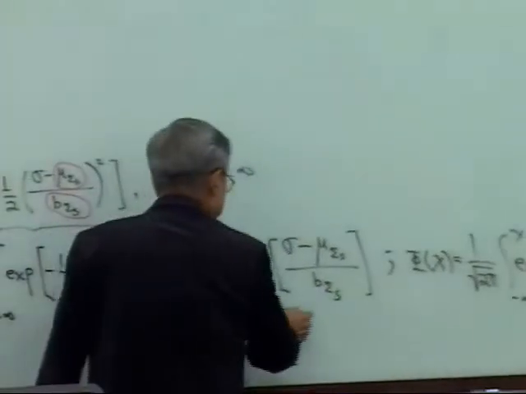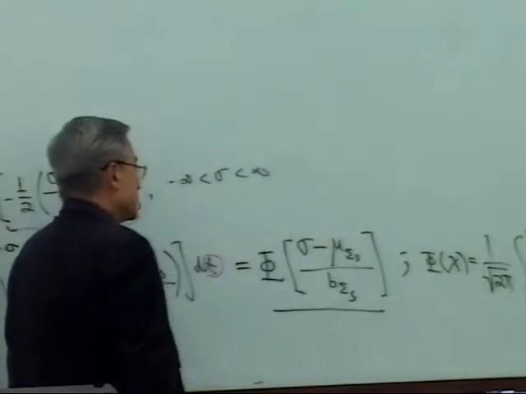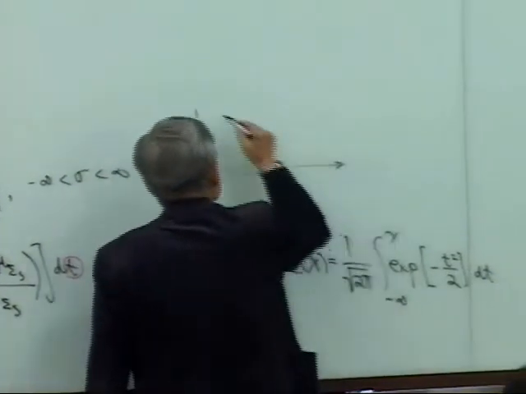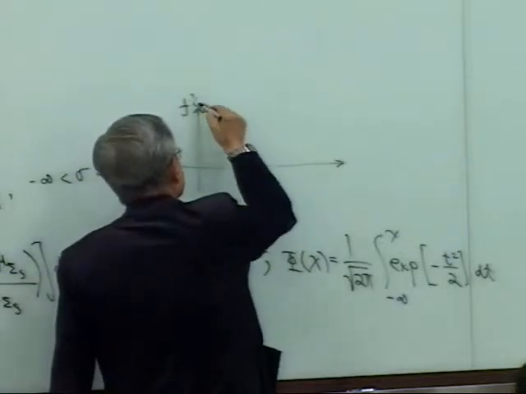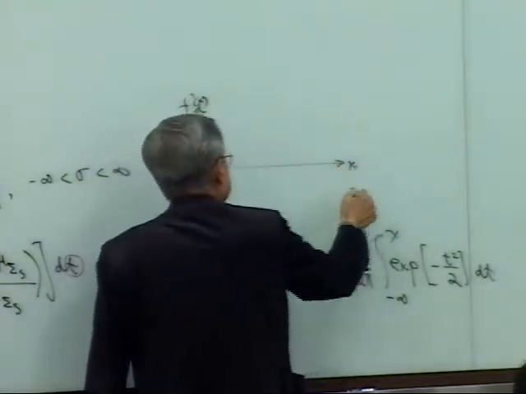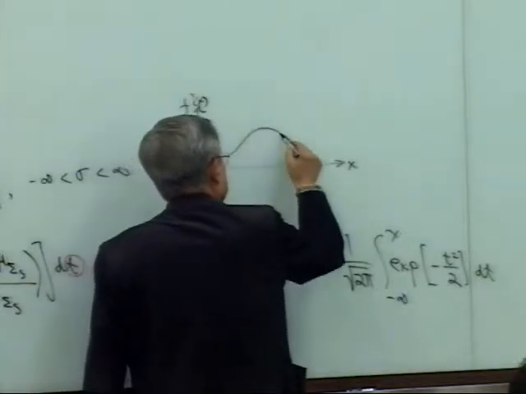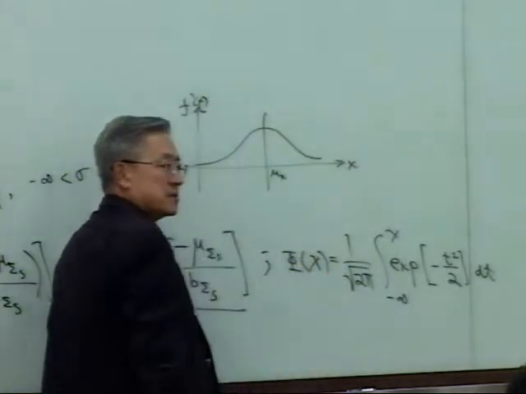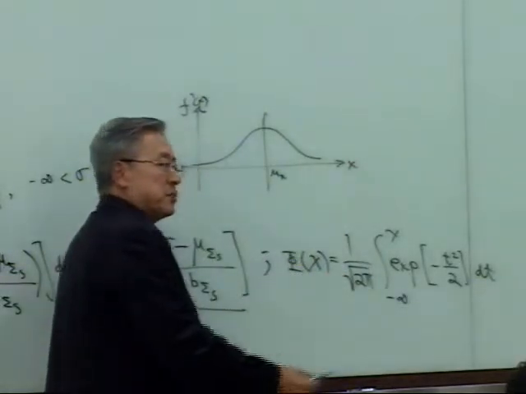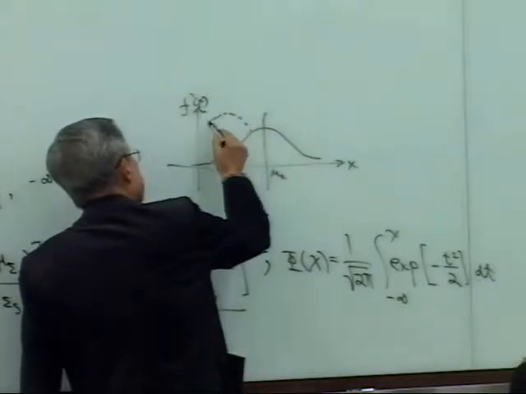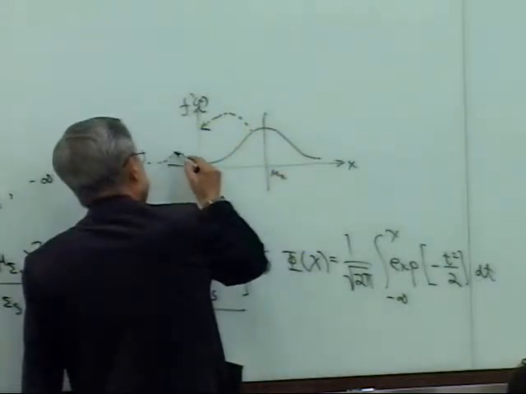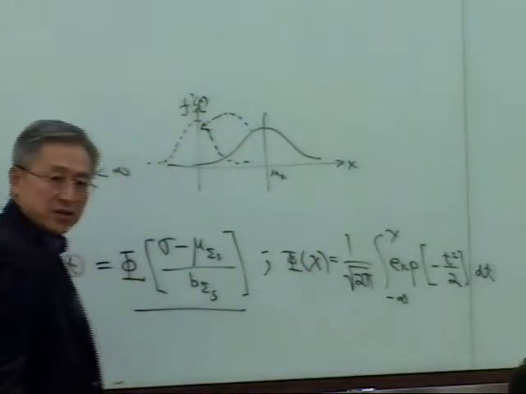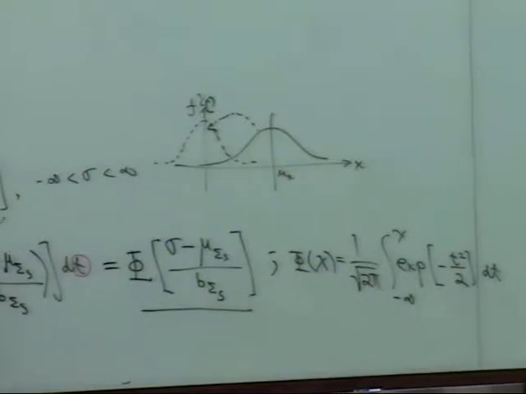So this makes it very easy. This is really standard. If you have a normal distribution at the mu x, you simply put it back to the case and change it into that form, the standard normal distribution function.